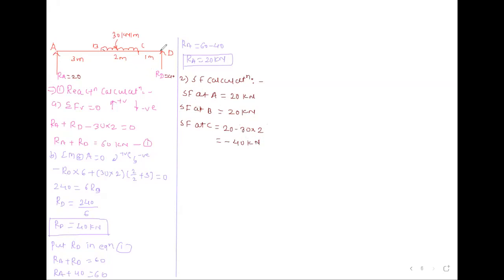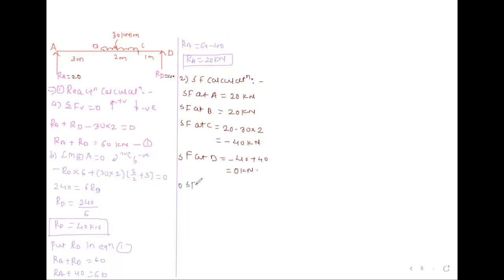After that, we will calculate shear force at D. Shear force at D is equal to minus 40 plus 40, which is equal to 0 kilonewton. Now we will find out zero shear force location. You observe here at B shear force is positive and at C negative. So we have to find out the zero shear force location.